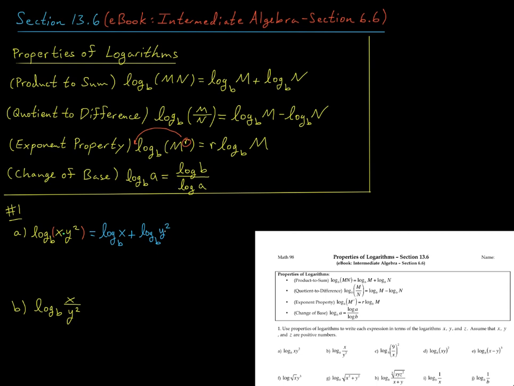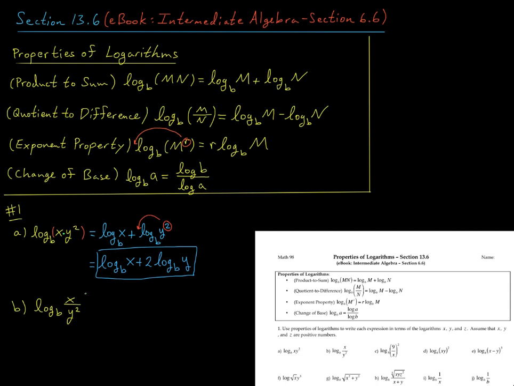So taking the log of something raised to an exponent, I can go ahead and rewrite that using this exponent property. This 2 can come out in front of this logarithm, and that then will give us log base b of x plus 2 times the log base b of y. All right, and that will do it.